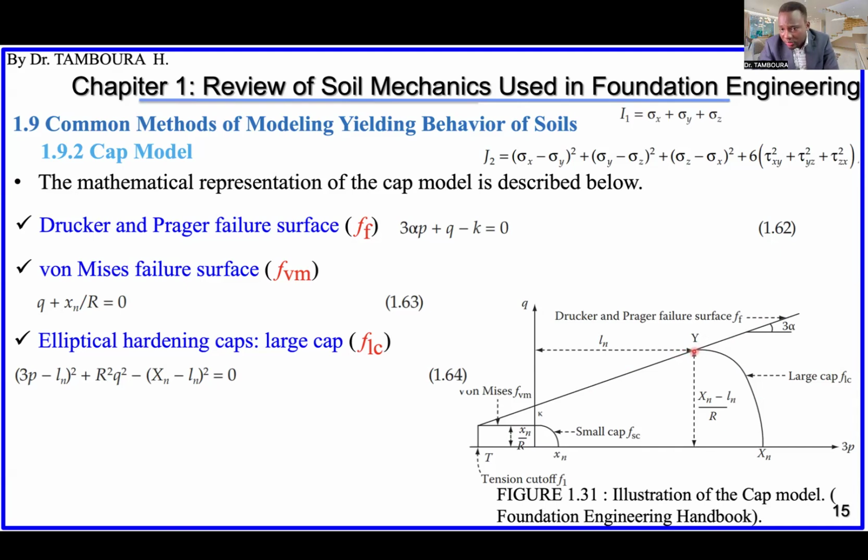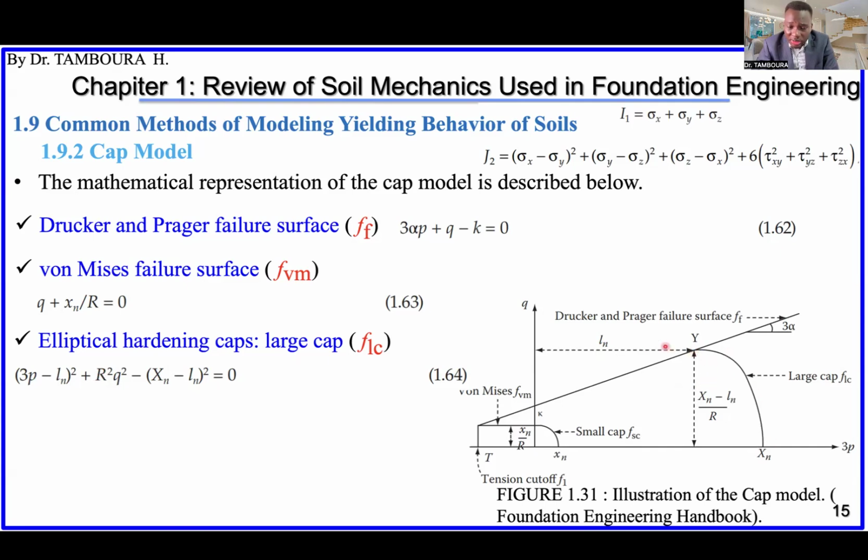So we need to identify the coordinate of this point, which are this L, N, and this one. As you can see, these are included here. And of course, the R is also included.